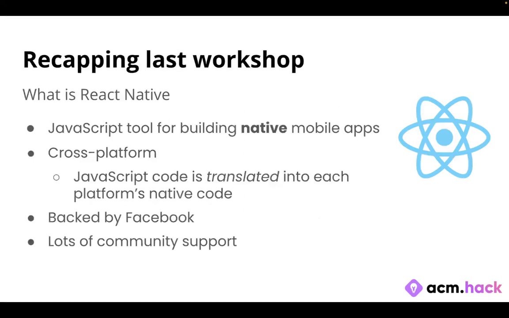So React Native is a JavaScript tool to build these native mobile apps. Whatever you build seems like it's built with those original languages, but it's cross-platform, meaning we can write all of our code once and it will get translated into each platform's native code.